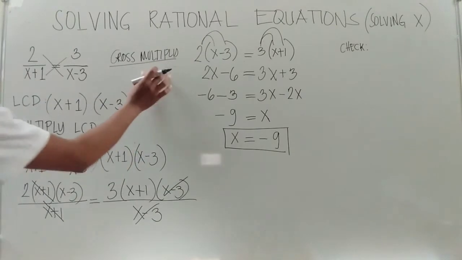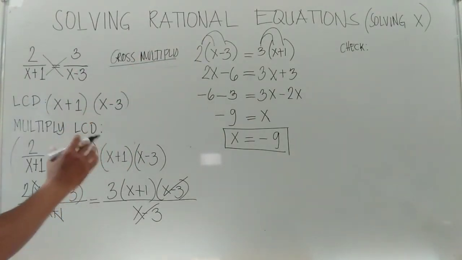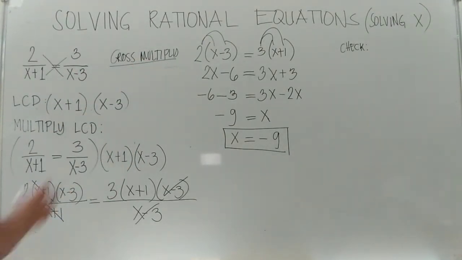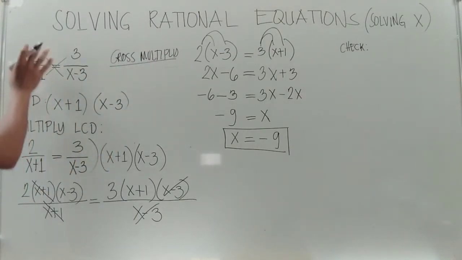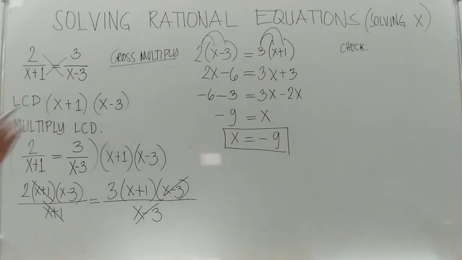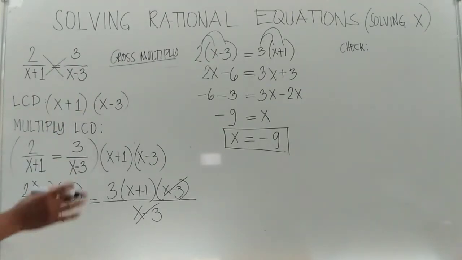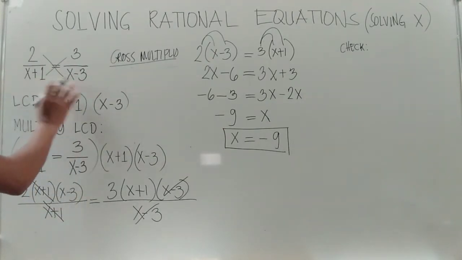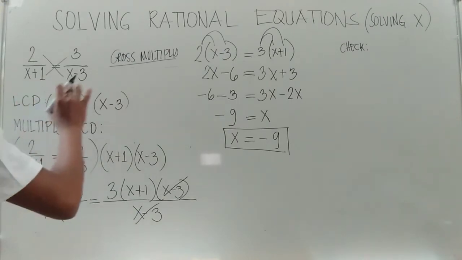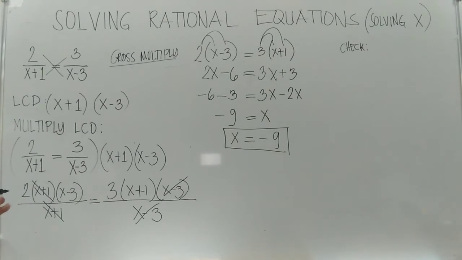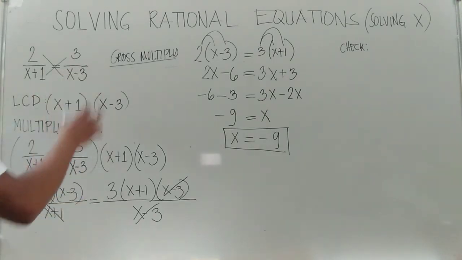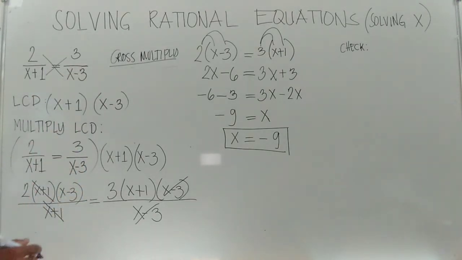We cannot use cross multiplication on our first example. Cross multiplication can only be used when you have one expression on both sides. Okay, that's why before I start this example, I reminded you that we cannot use cross multiplication in our first example.